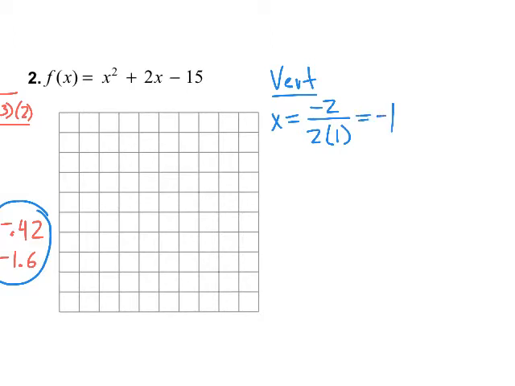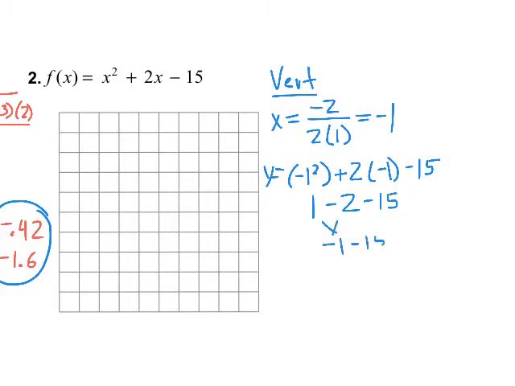For my y value, I need to plug that back in. So y equals negative 1 squared plus 2 times negative 1 minus 15. So negative 1 squared is going to be positive 1. 2 times negative 1 is minus 2, and then minus 15 more. So 1 minus 2 is negative 1.